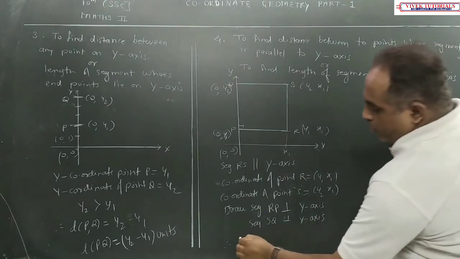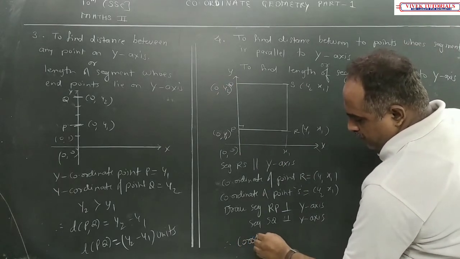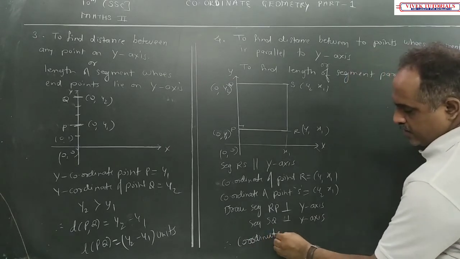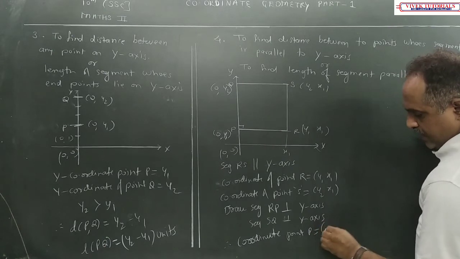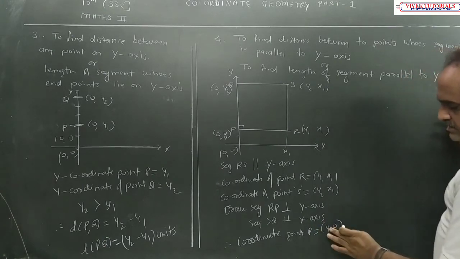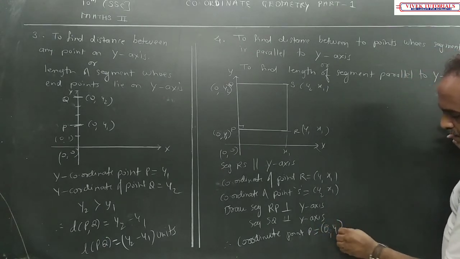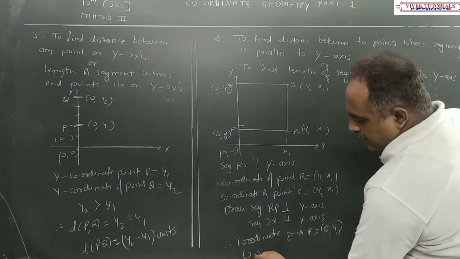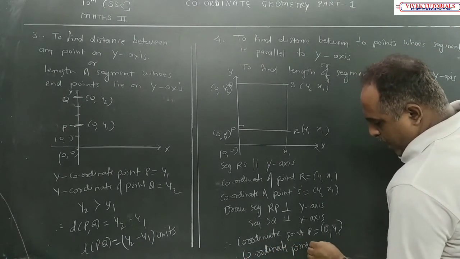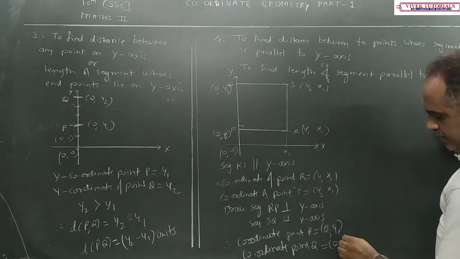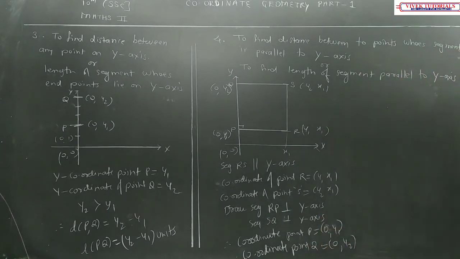So what is the coordinate of point P? It will be 0 comma y1, and coordinate of point Q is 0 comma y2.